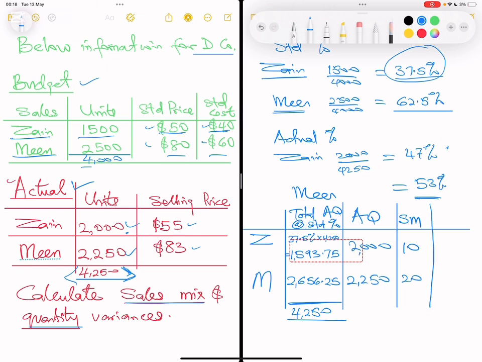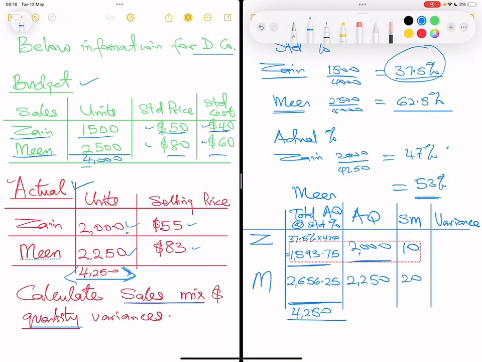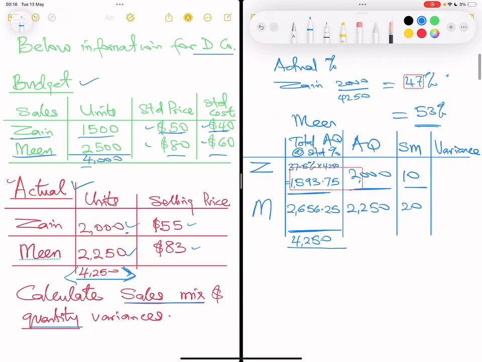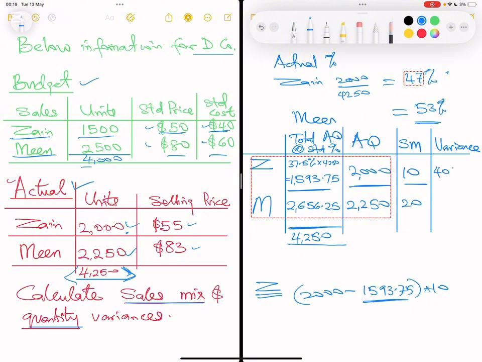With this, we're good to go for the variance, because variance will be this compared with this, valued at this. So for Zen, it will be equal to the actual of 2,000 minus 1,593.75. If we had stuck to the standard percentage, this is what we should have sold. And we'll value at 10. And that will give us 4,062.5.